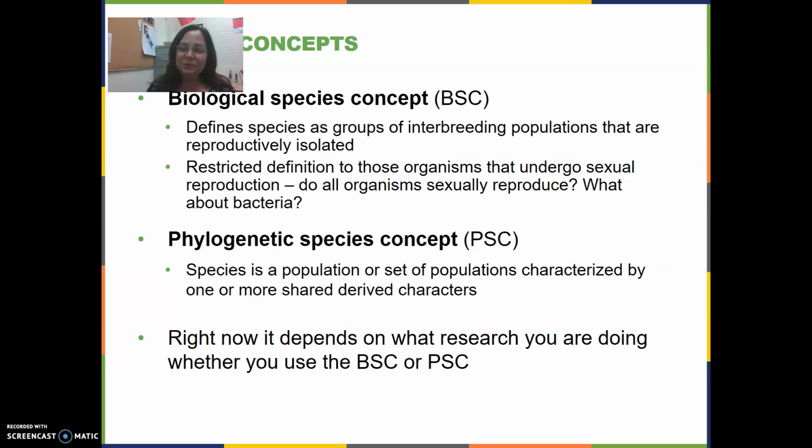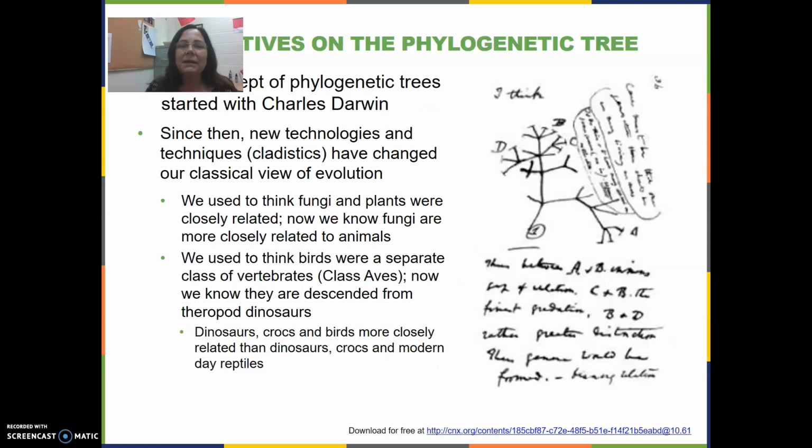Okay, so I'll talk about it a little bit, but the concept of phylogenetic trees started with Charles Darwin. Charles Darwin, of course, is the scientist that discovered natural selection. He's particularly famous for studying the animals and plants that live on the Galapagos Islands.